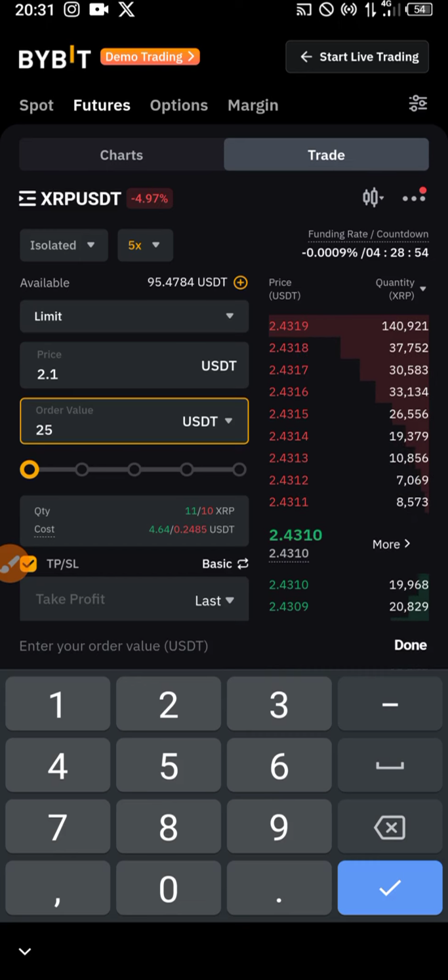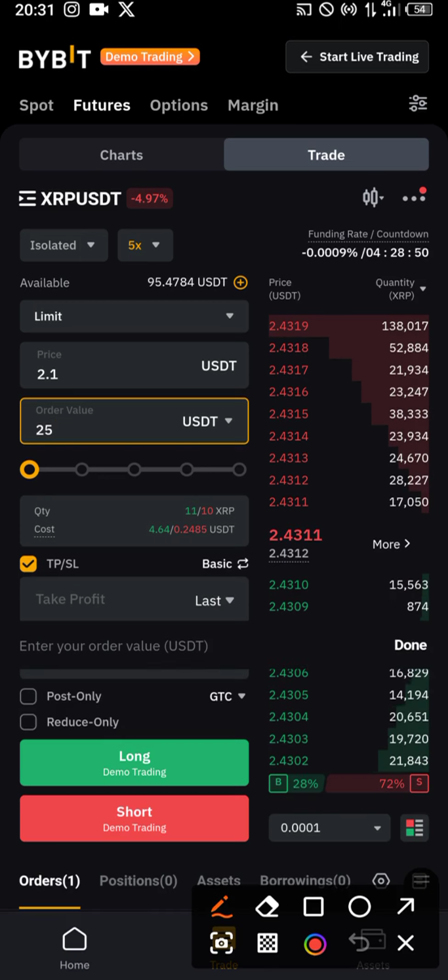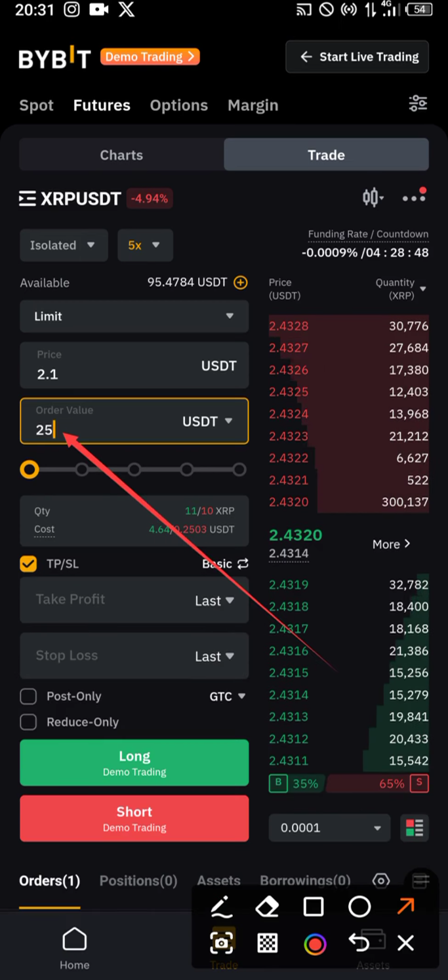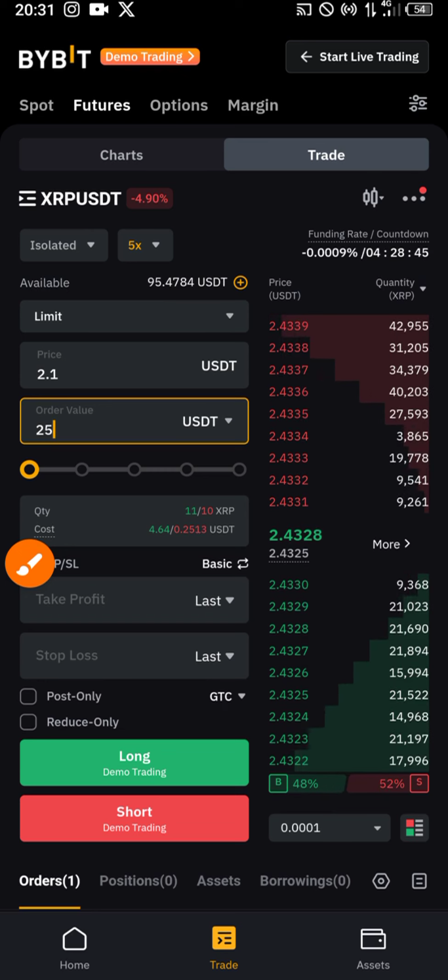This fee equals this $25 order value multiplied by minus 0.025%. What is this minus 0.025%?